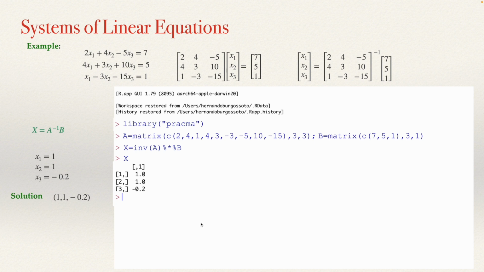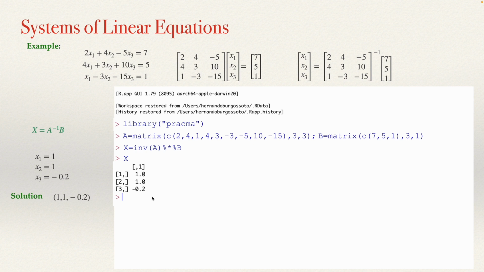This is a way of solving a system of linear equations when the system has a unique solution, that is, when the determinant of the matrix A is different from 0. In other cases, that doesn't work because we cannot compute the inverse of A. So for those cases, it will be better to use the reduced row echelon form of the augmented matrix.